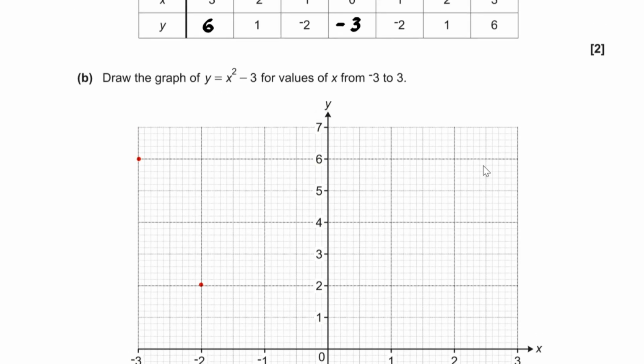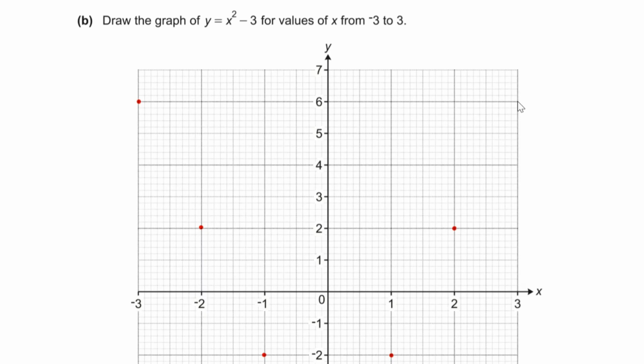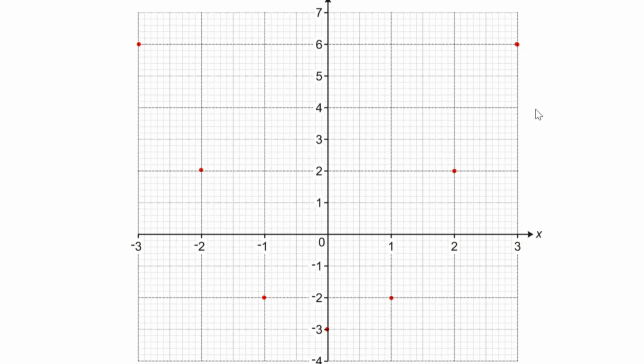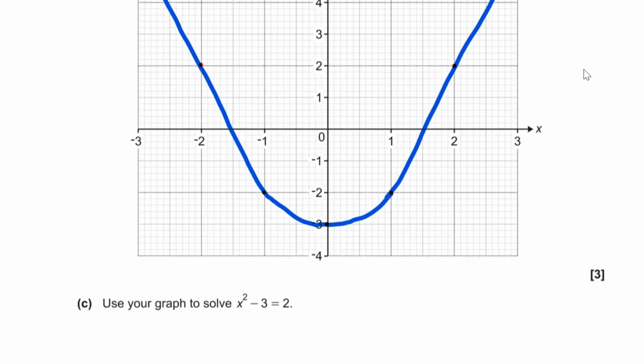Then 2, 1. And then 3, 6. So what I need to do now is join all of that up with a smooth curve. So here is the graph of y equals x squared subtract 3.